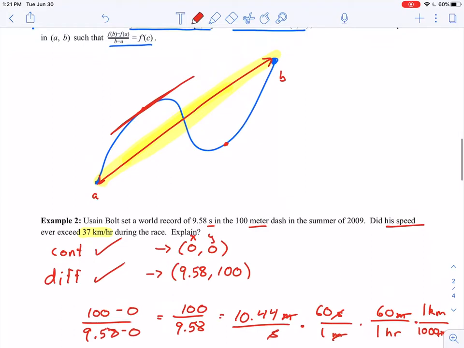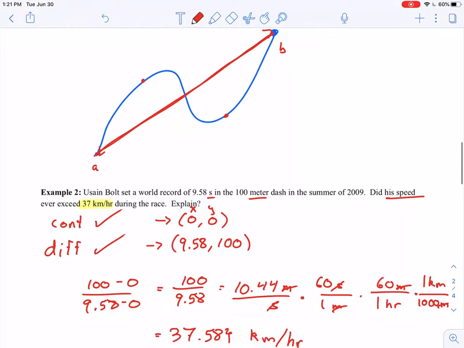So going back to our example here, the slope of this secant line between my start point and my end point, in other words, is 37.584, which is greater than 37.